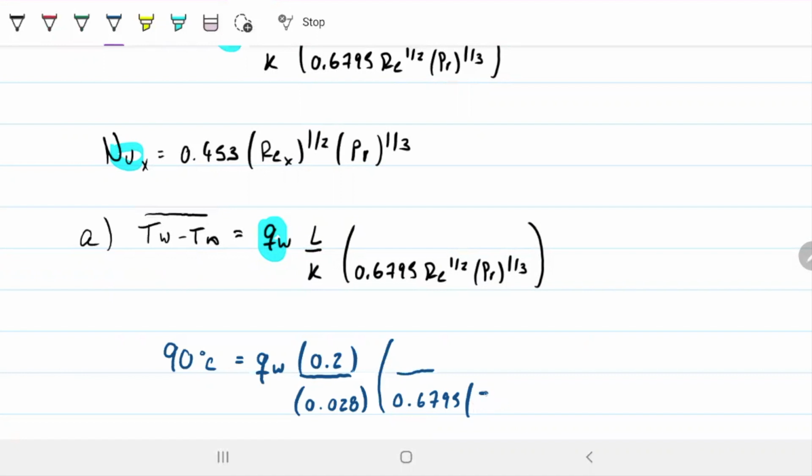What are my powers? That's to the 1/2, and my Prandtl is 0.7025.